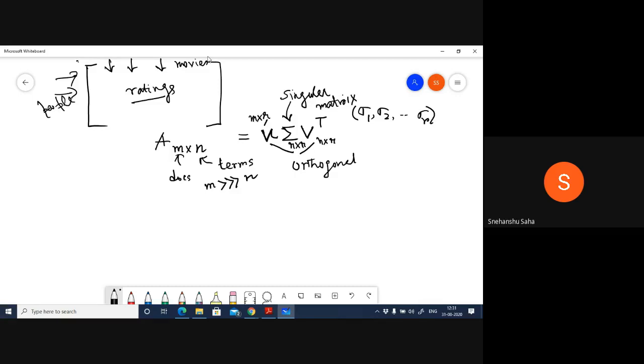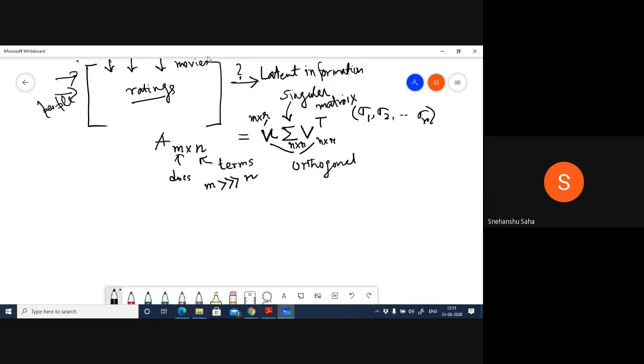Now the question is, the latent information that you actually want to extract from this is which of the genres are more popular. Is sci-fi more popular than romantic movies? Is the genre of romantic movies more popular than comedy, and so on, right?